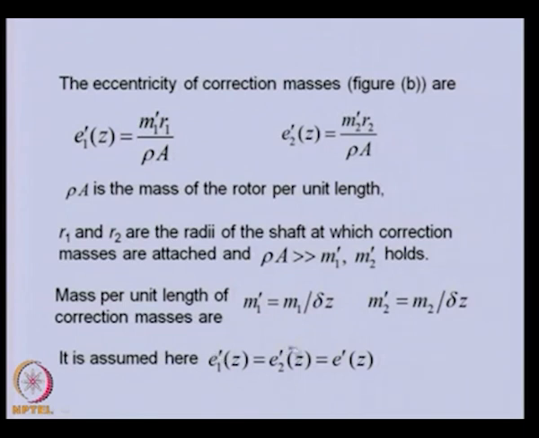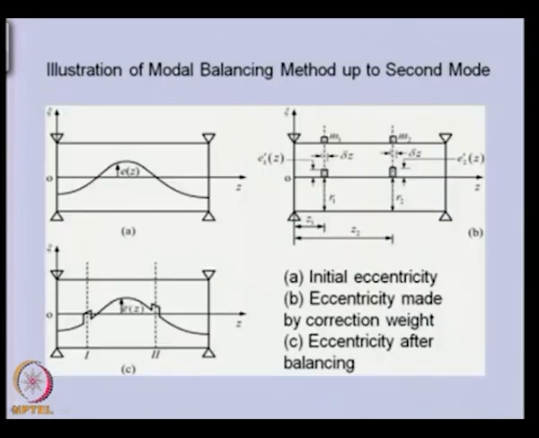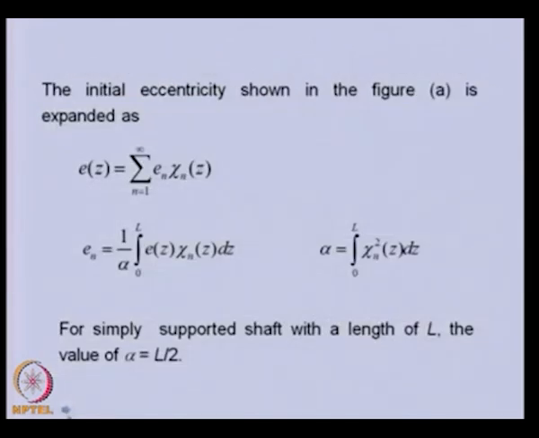So we are assuming that the eccentricities which we are calculating are equal, and we are representing that as E prime Z. Now you can see this is basically the eccentricity due to the correction masses which are given here. So this height is the eccentricity due to the correction masses.